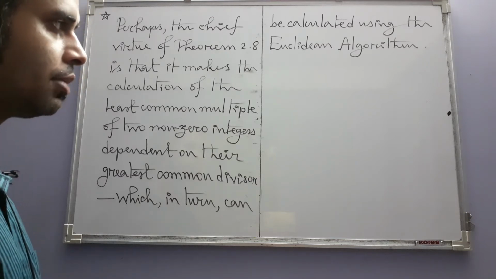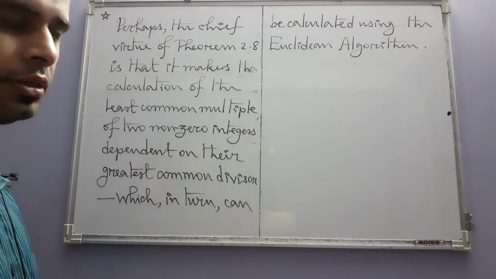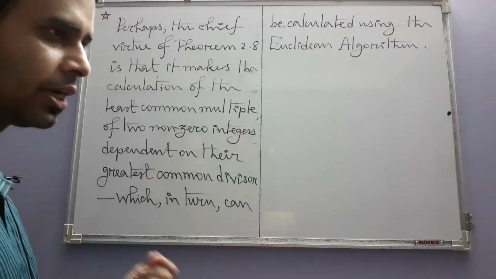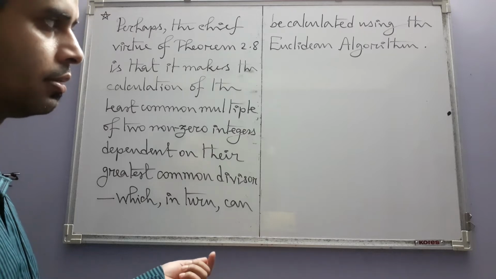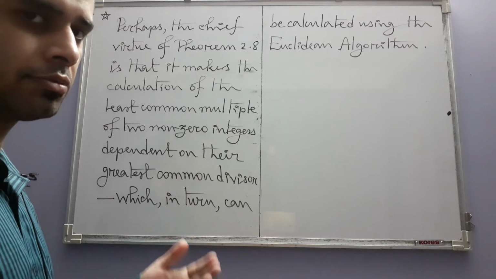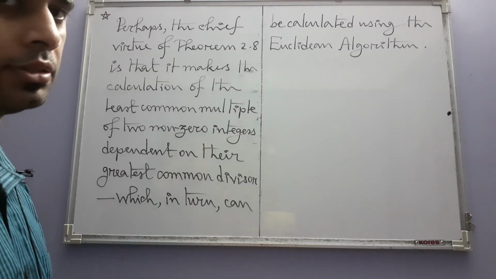You don't even have to think of anything, you just mechanically keep on dividing and dividing until you get a zero remainder. The first non-zero remainder is your GCD.